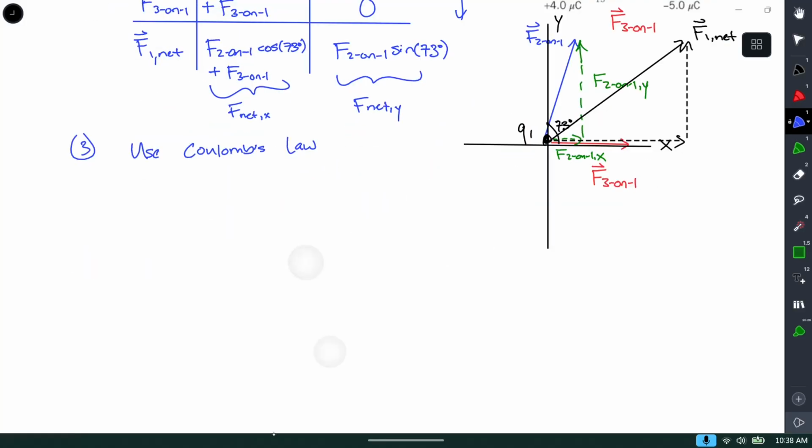And what I mean by that is I can find a number for F2 on 1 and F3 on 1, by remembering that it's equal to that number k times the size of the two charges involved over the square of the distance between them. k is that 8.99 number.